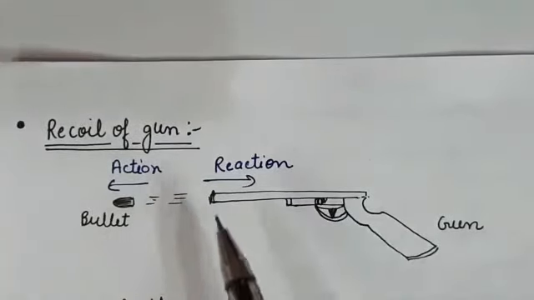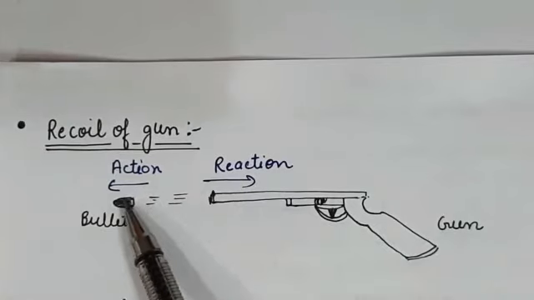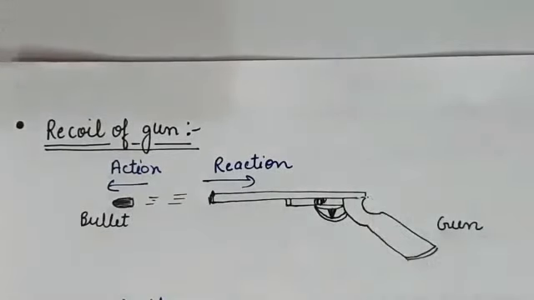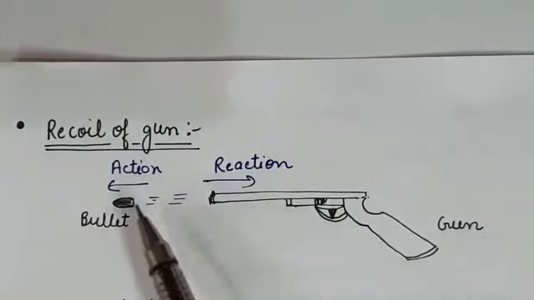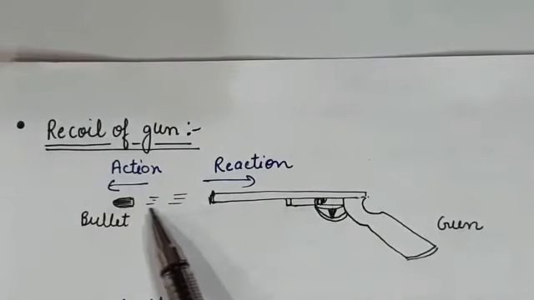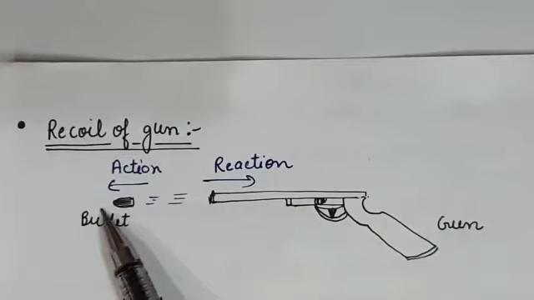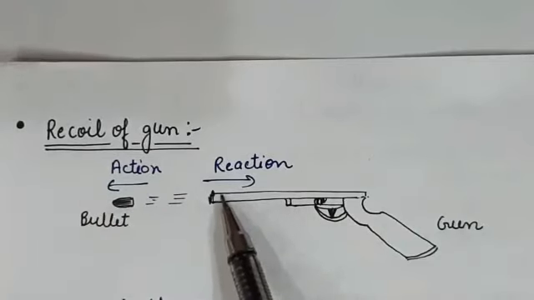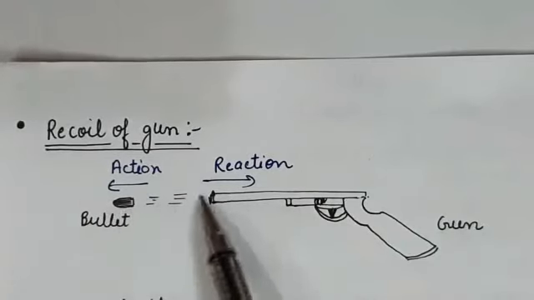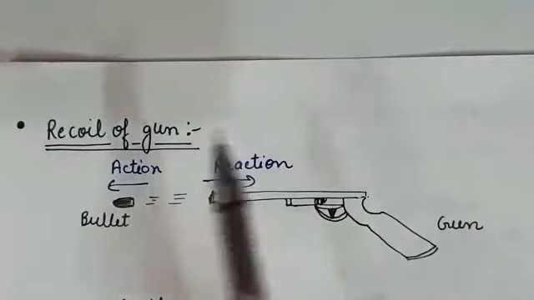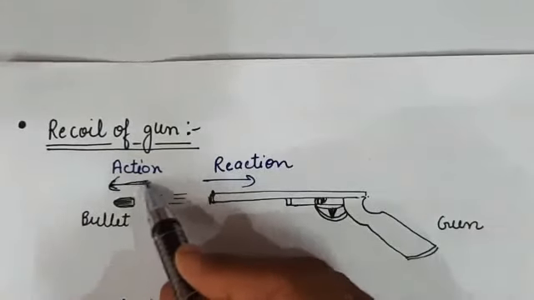How? This is a bullet and this is the gun. Now, this bullet is being fired from the gun. So the gun exerts a force on the bullet in the forward direction. This is the action force.